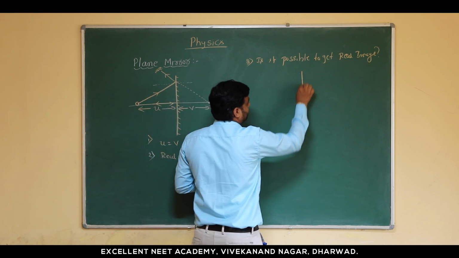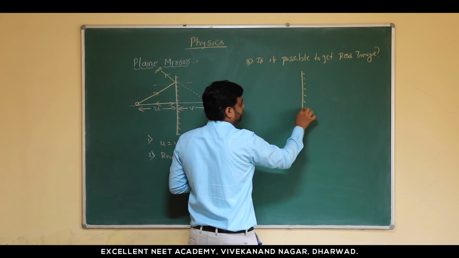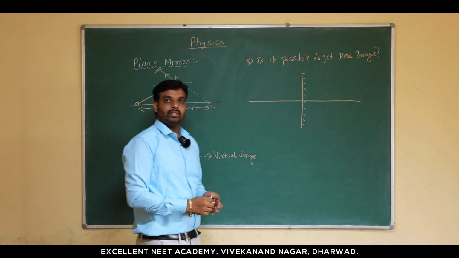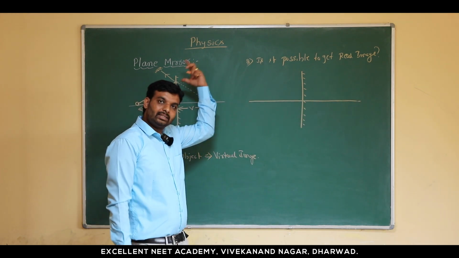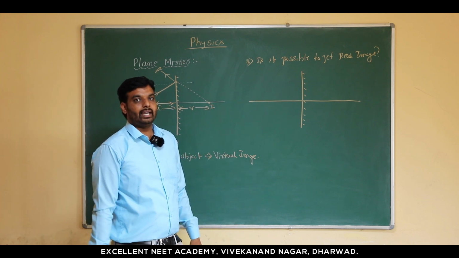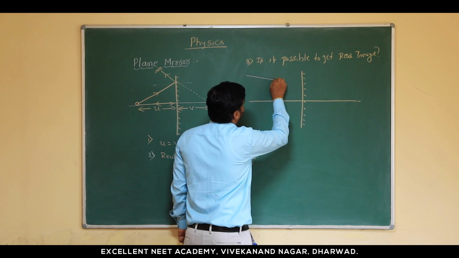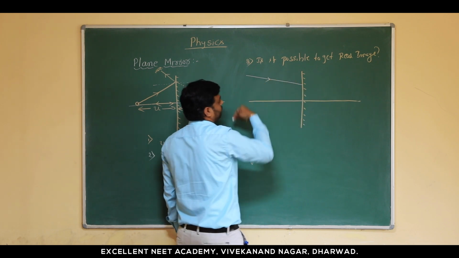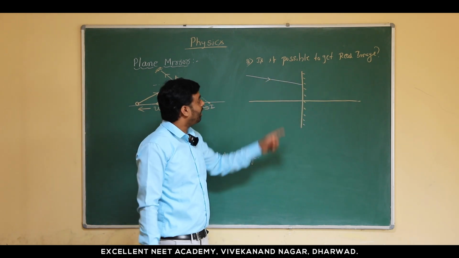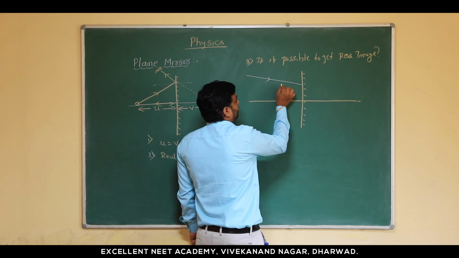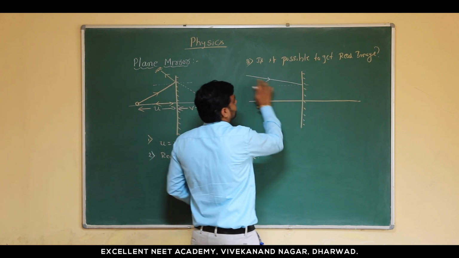Take a plane mirror. This is a plane mirror, and this is the principal axis. Suppose an object is placed at infinite distance. The light rays come and fall on this. This is the incident ray.